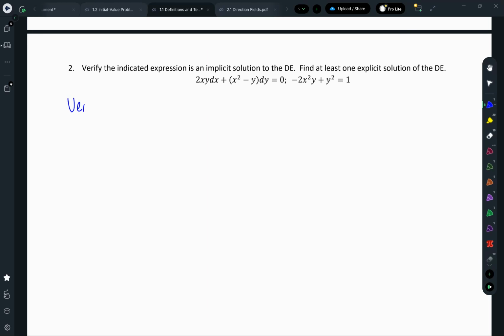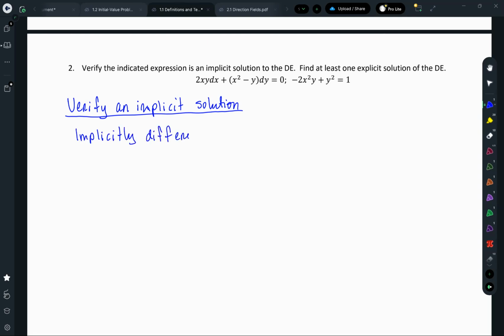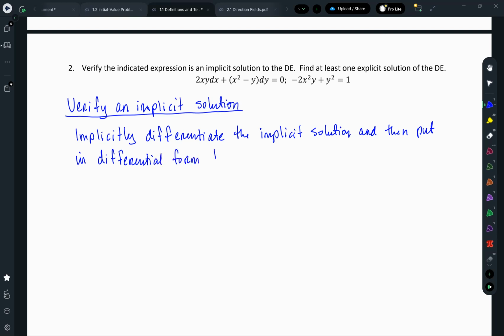So to verify an implicit solution, what I need to do is implicitly differentiate the implicit solution and then put it in differential form to see if it matches the differential equation that's given.